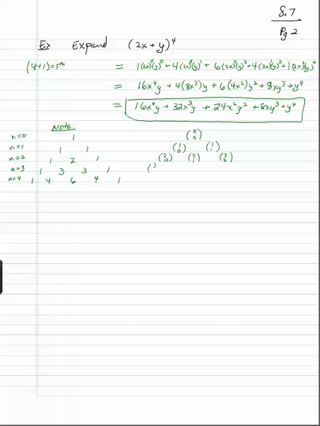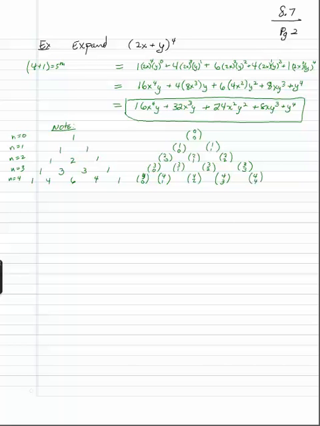And then 3 choose 0, 3 choose 1, 3 choose 2, 3 choose 3. This is number 4 choose 0, 4 choose 1, 4 choose 2, 4 choose 3, and 4 choose 4.